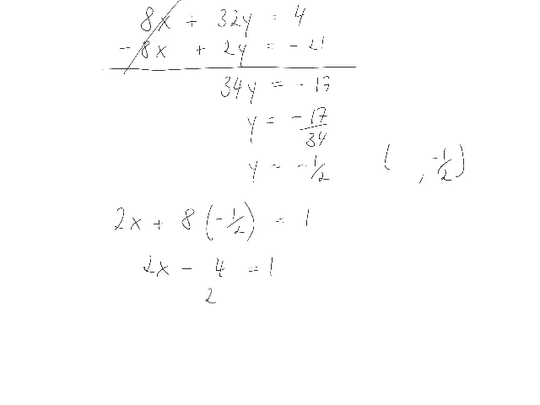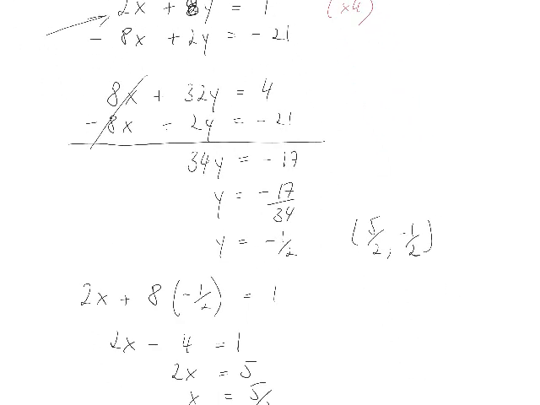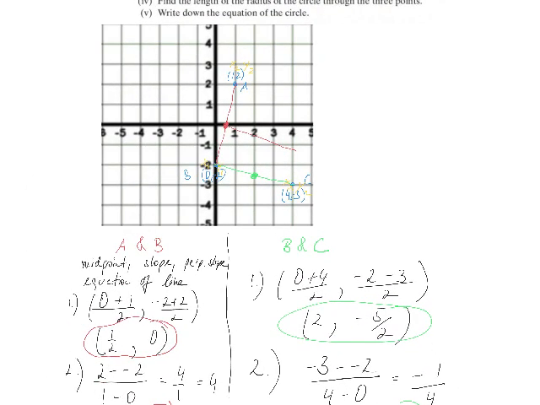Bring the 4 over. 2x equals 1 plus 4, which is 5. We divide by 2, so x is 5 over 2. And now this is the x value of the center. Okay, so the center of the circle is 5 over 2, minus 1 over 2.